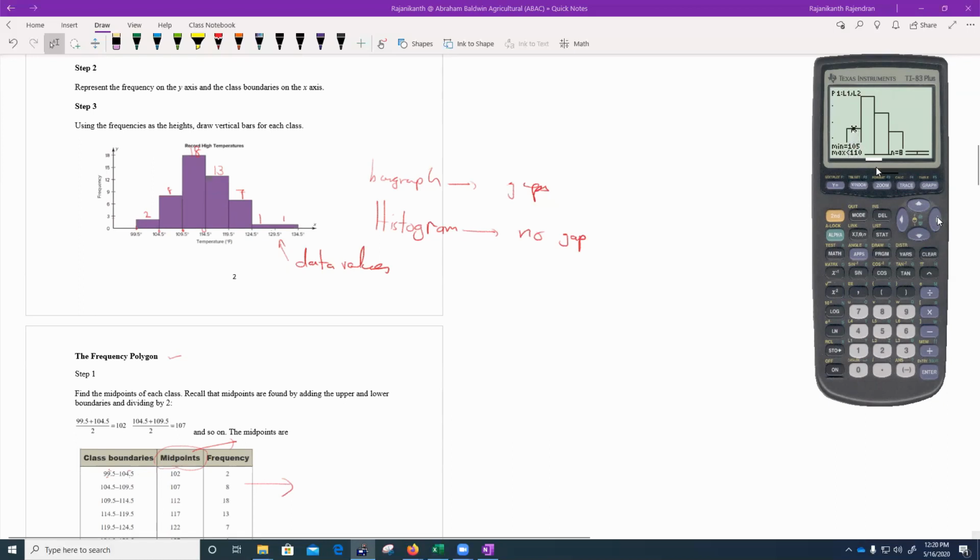You could move your cursor either left or right to get the exact value of your frequency. Okay, so that's it. So this is my histogram.